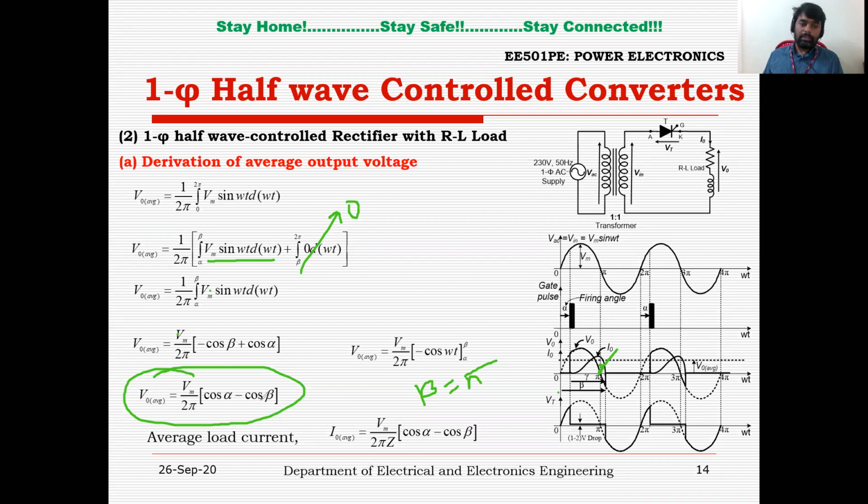Substituting beta equal to pi, cos pi is minus 1, so minus of minus 1 gives plus 1. It is Vm by 2 pi into 1 plus cos alpha, which we derived in the last PPT in the case of resistive load.